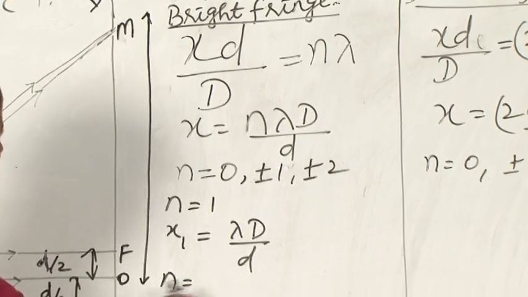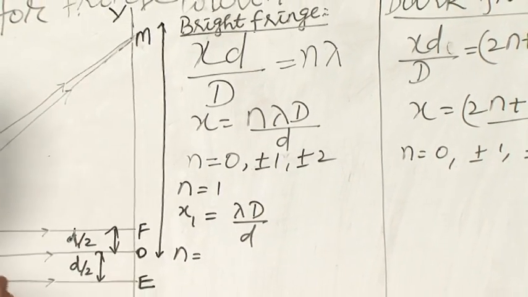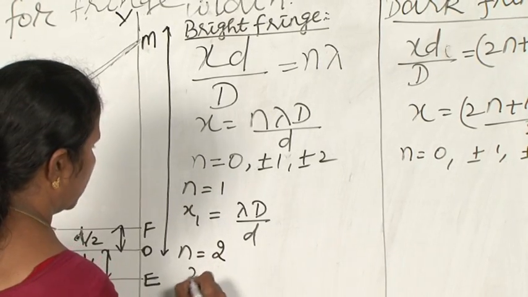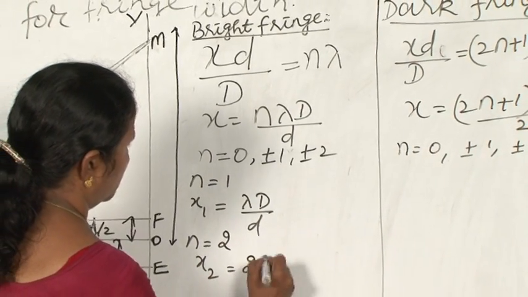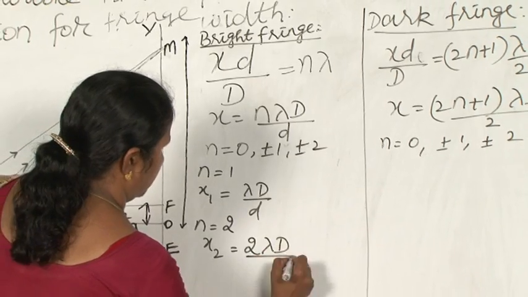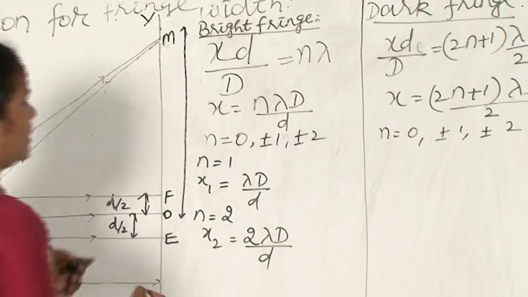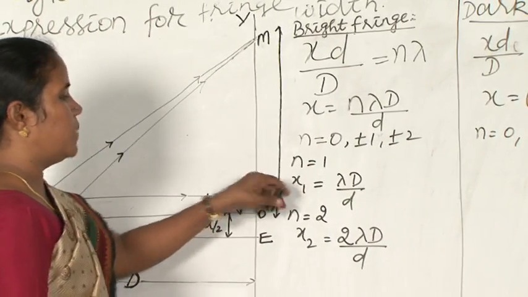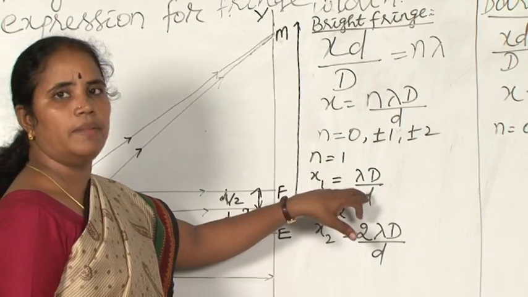If n is equal to 2, x2 is equal to 2 lambda D by d.